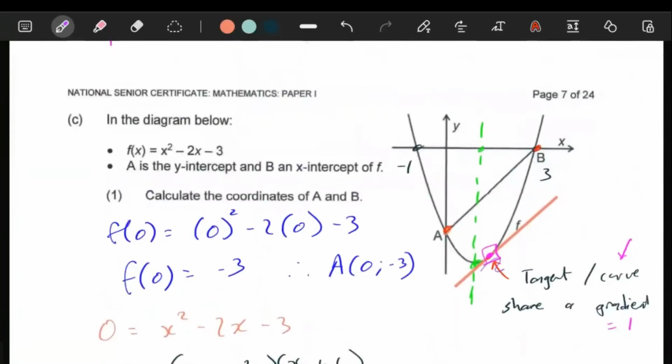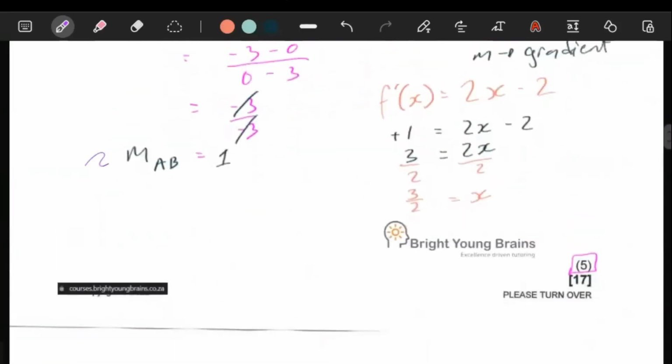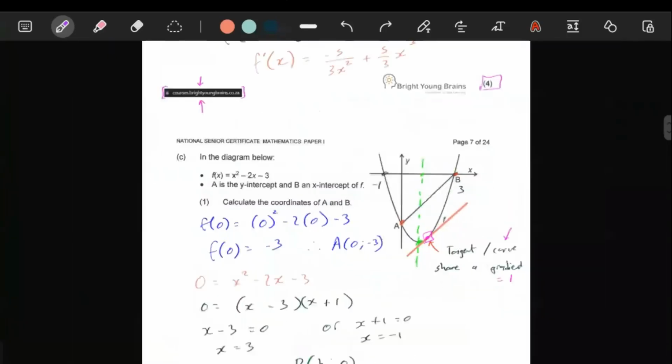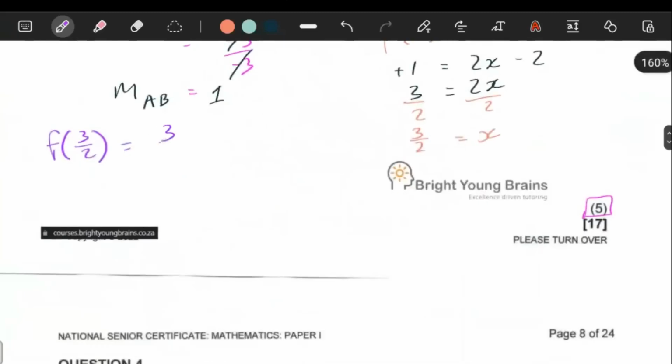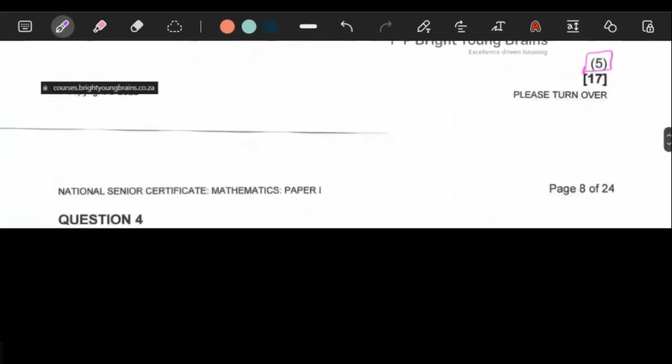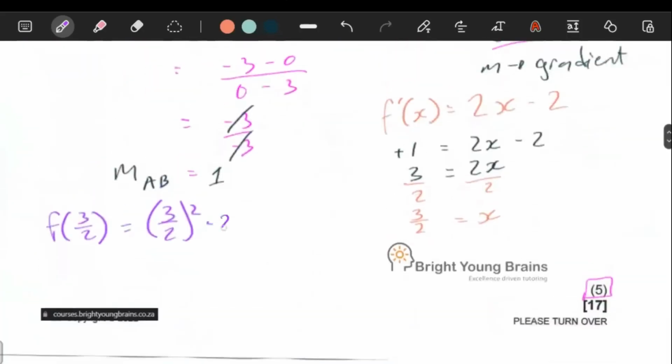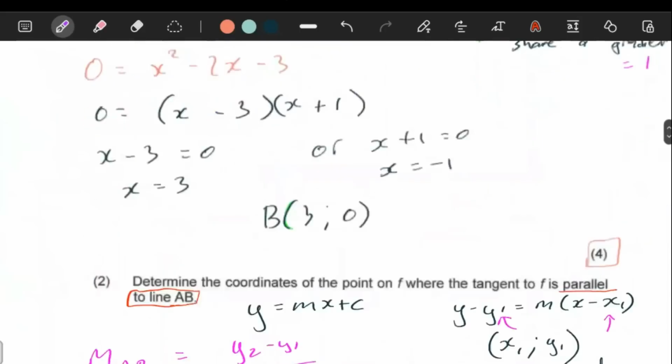Since you now know the x value there is 3/2, you can now use your coordinate equation to find out what the y value is. So in our coordinate equation, let's see what we can do there. We're putting there 3/2 and 3/2. So this is like 3/2 squared, and then again another 3/2, and then here we have -3.